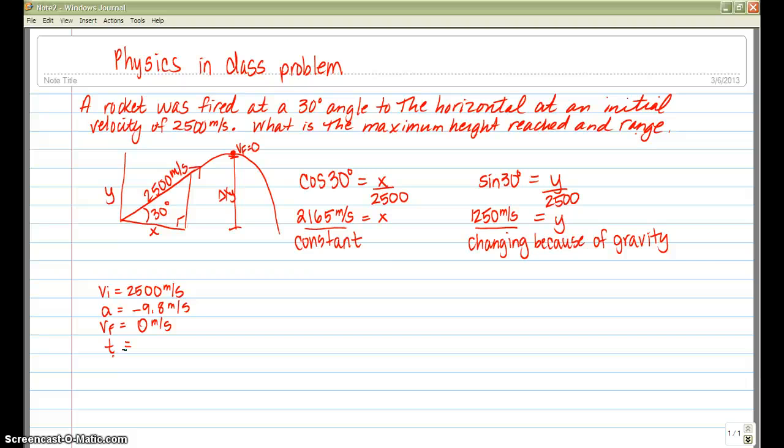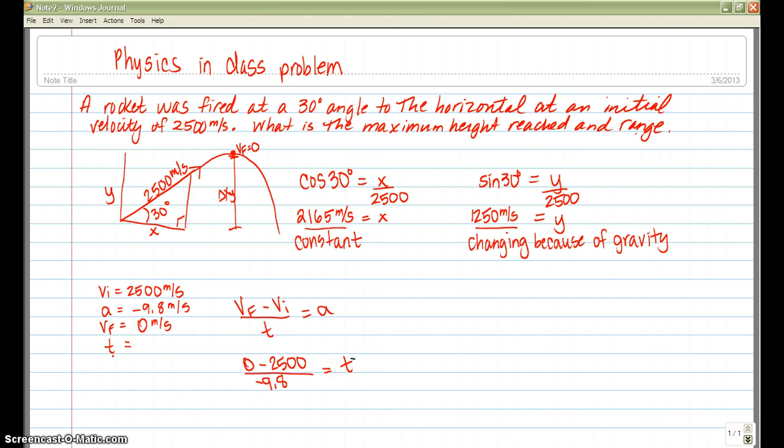The equation that we want to use is our final velocity minus our initial velocity all over time is equal to acceleration. If we rearrange this equation, we get our final velocity minus our initial, and we divide the whole thing by our gravity of 9.8. This will give us the time.